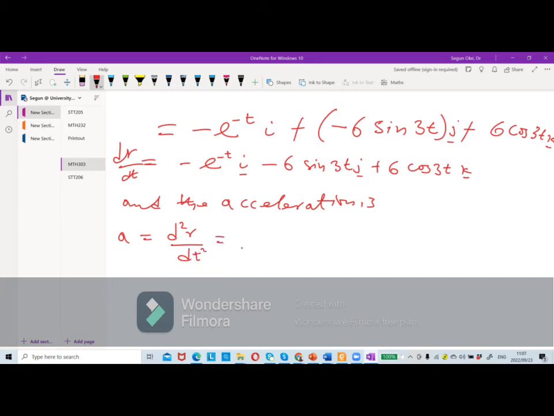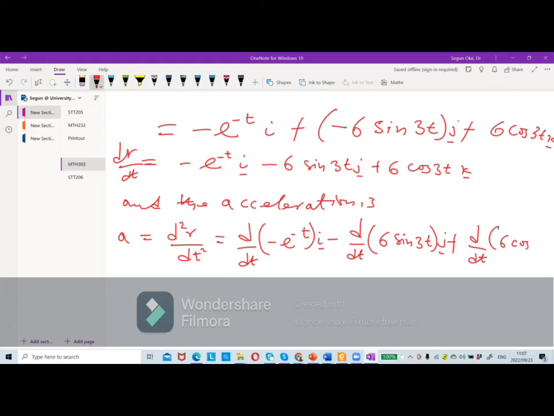If I'm differentiating a second time, I'm going to have d/dt of minus exponential minus t i, minus d/dt of 6 sine 3t j, plus d/dt of 6 cos 3t k.